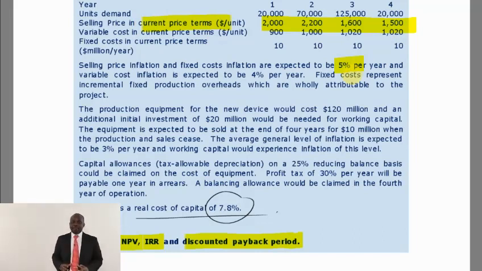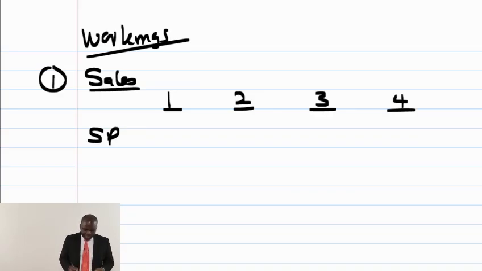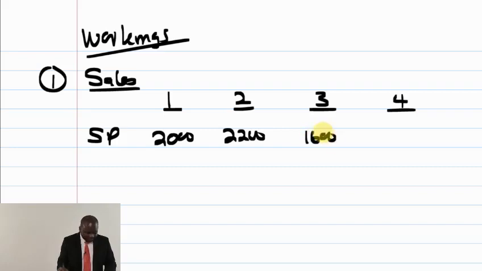If they are in current price terms, it means they are in today's terms. So reference is in year 0. Therefore, you have to multiply by 1.05 raised to the power 1, 2, 3, up to 4. So that is what we would have to be doing here. So the prices given are 2,000, 2,200, 1,600, and then 1,500.